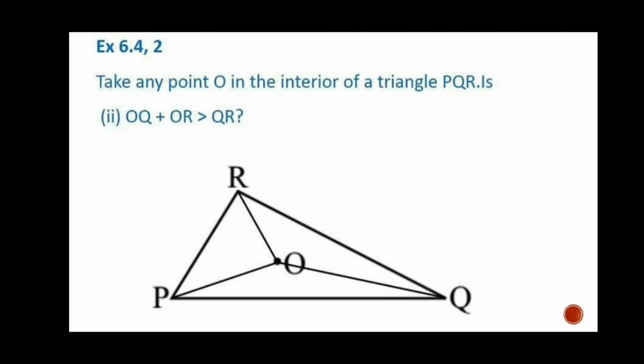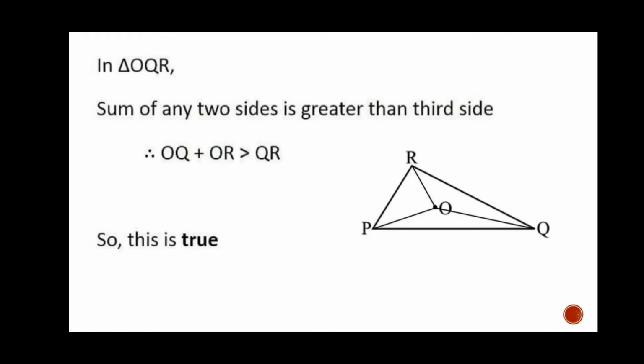Now the second part of this question is again we have to prove OQ plus OR is greater than QR. Now OQ plus OR means we have to take this triangle ORQ. So let's see. In triangle ORQ, or you can say OQR, the sum of the two sides is greater than the third side.